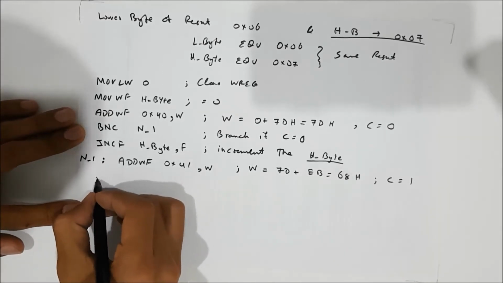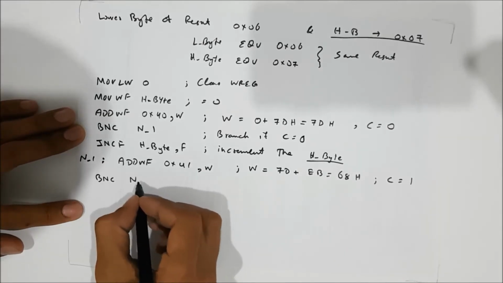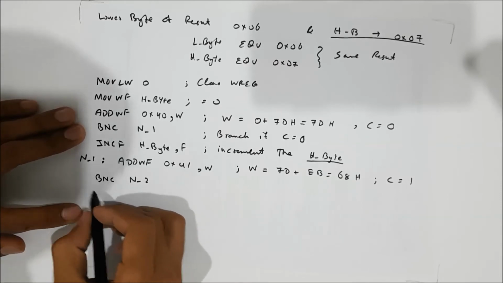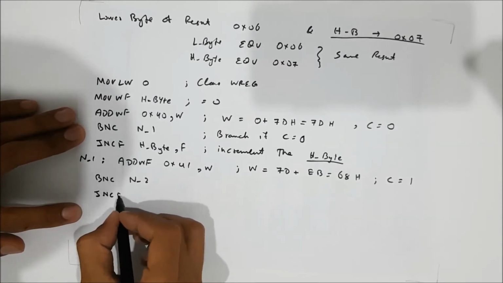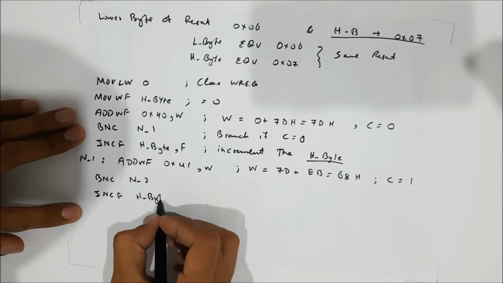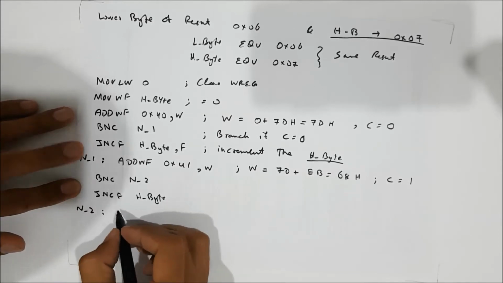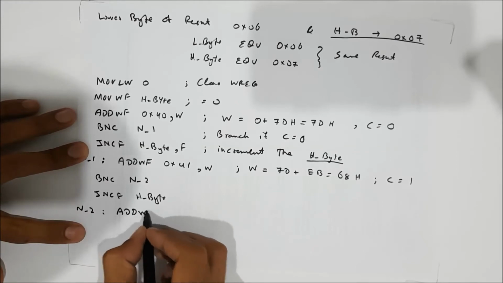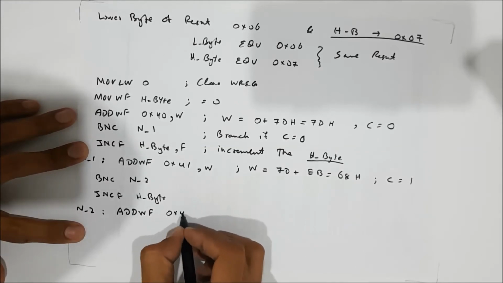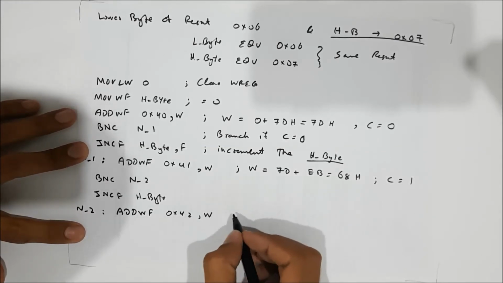So again we will write BC N2, otherwise INCF H byte, and at N2 we will add ADDWF 0x04 to W.